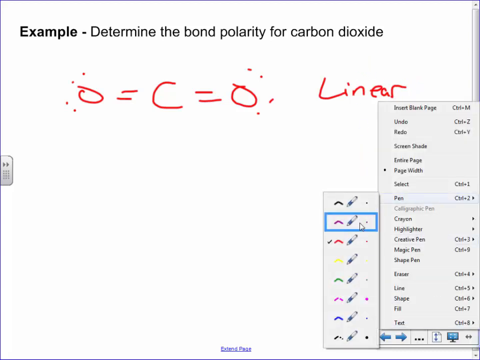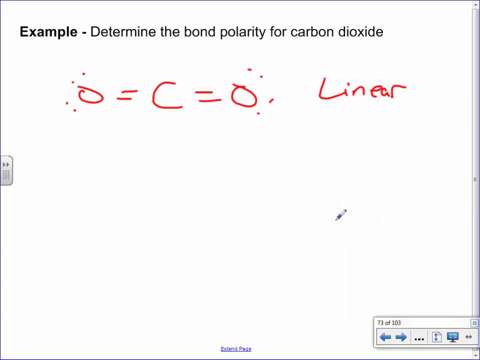Here's what you're going to then do. You're going to draw an arrow indicating who wins the fight for electrons. Who wins the carbon-oxygen fight? I think it was oxygen, right? Oxygen. Is there a net winner in this fight?